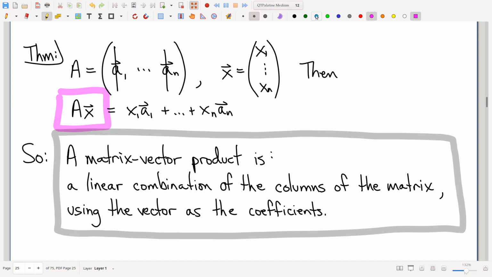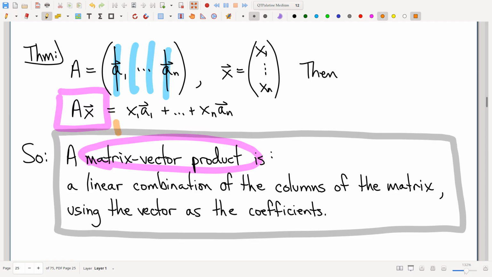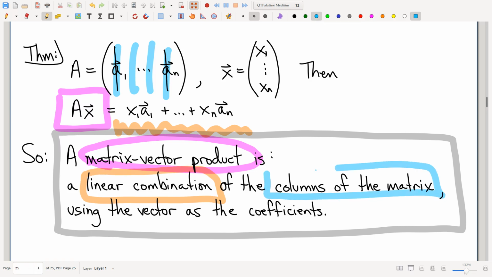And again, I told my earlier section, I was embarrassingly far into my math studies when I first learned this. I think I was halfway through my math major by the time I learned this. It was embarrassing. Anyway, the point is, you can think of it in terms of columns, in the sense that a matrix vector product is a linear combination of those columns.